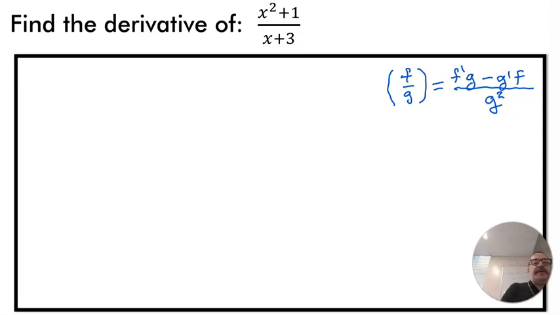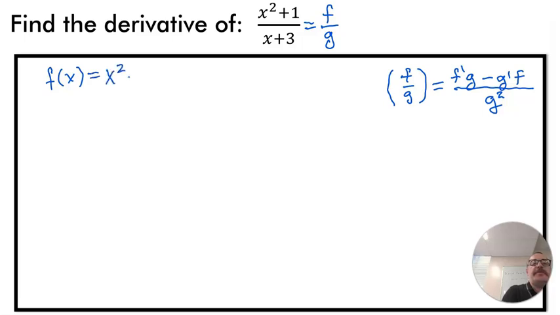All right, so we've got x squared plus 1 over x plus 3. The top function is going to be our f, the bottom function is going to be our g. We can start off by making a little list of our functions.